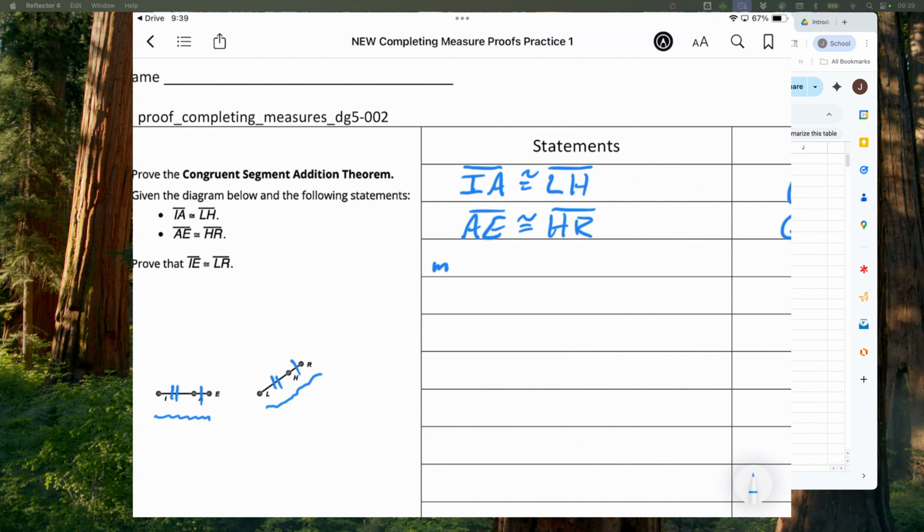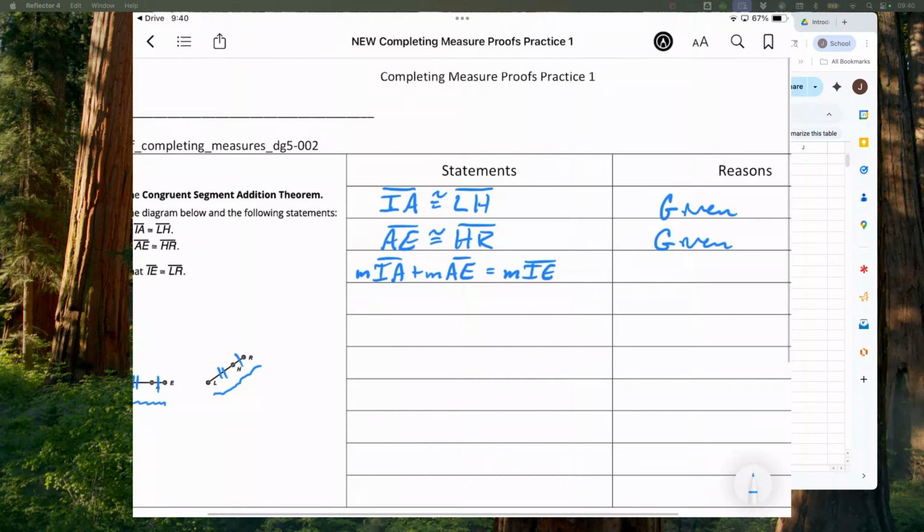So the measure of IA plus the measure of AE is equal to the measure of IE. And that's segment addition.